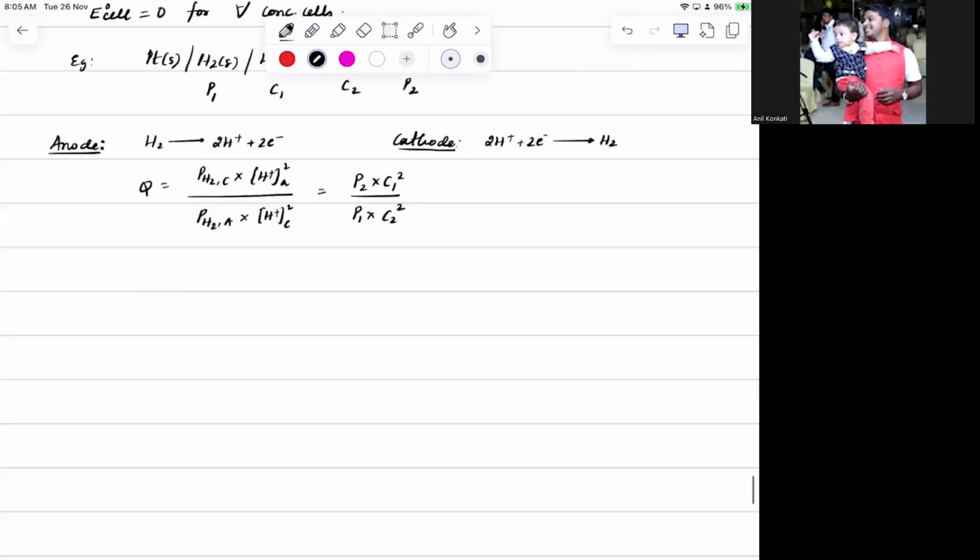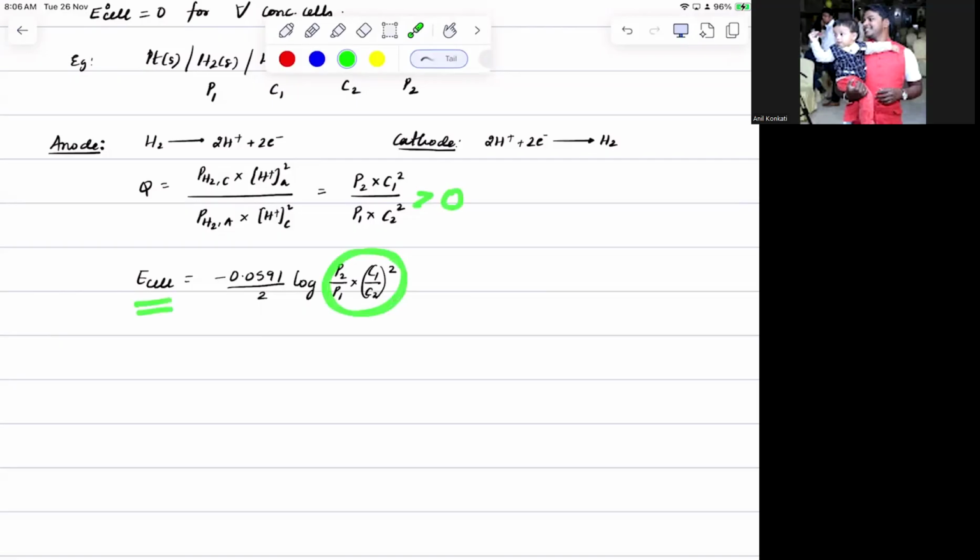Since E naught cell is 0, E cell will be simply minus 0.0591 by 2 log of this, P2 by P1 into C1 by C2 whole square. Now, if this entire value is positive, then E cell will be negative. So this is a condition we have to understand.